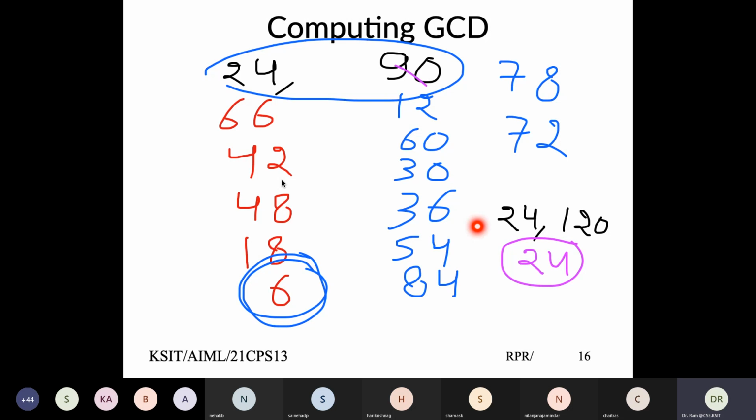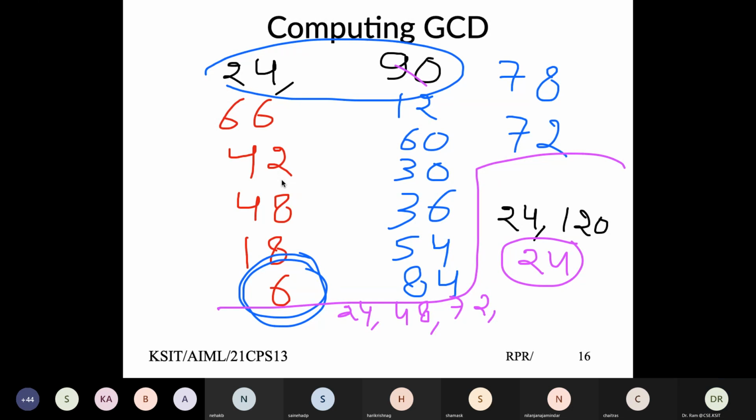Similarly, when we wrote 24 and 120, we ended up writing 24, 48, 72, 96, and we have 120. Again, these are each multiples of 24. So all the differences you write are multiples of the greatest common divisor.